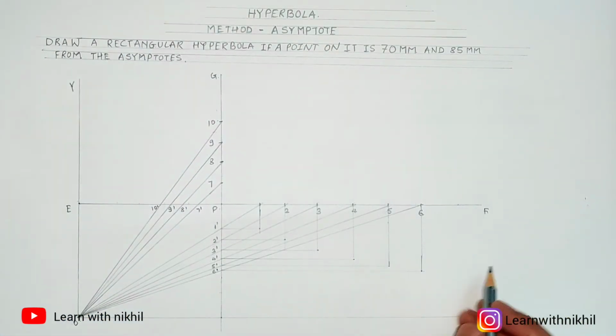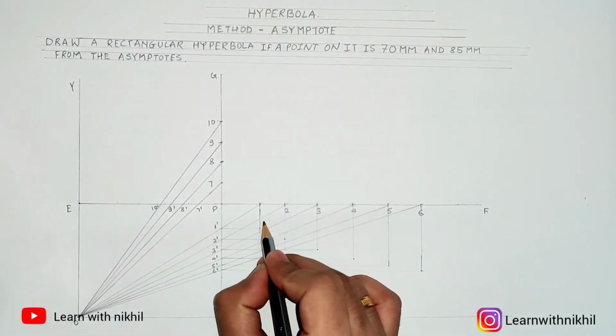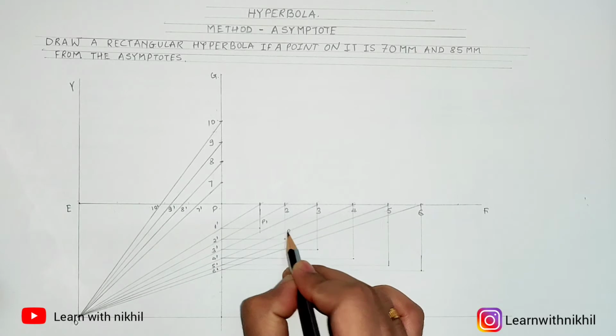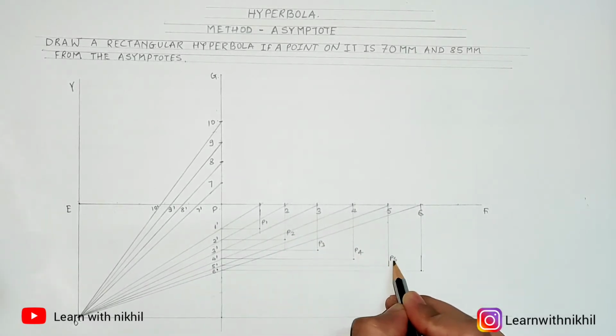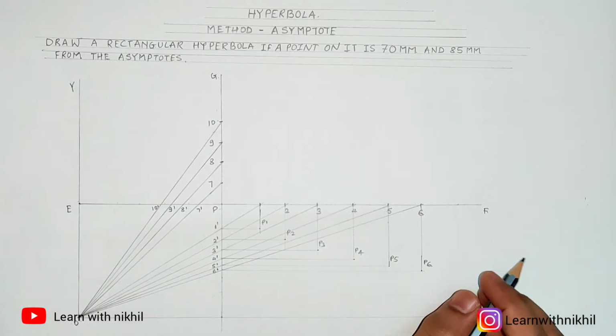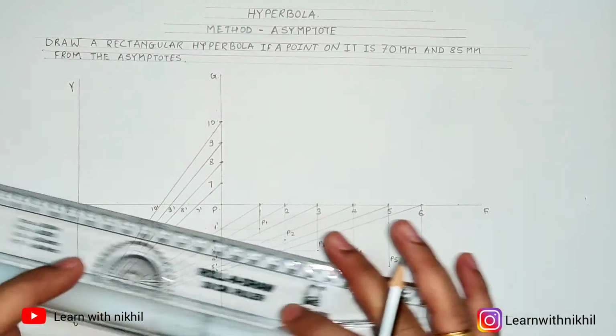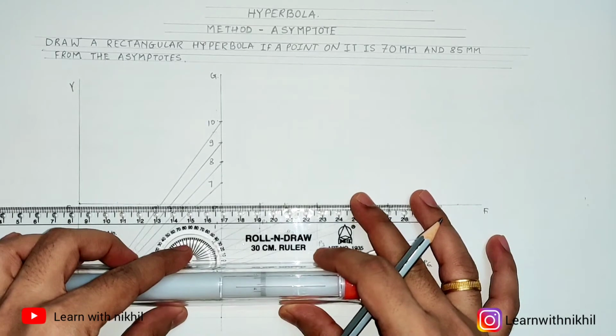After getting these points, we will mark them as P1 where 1 and 1 dash intersect, P2, P3, P4, P5 and P6.